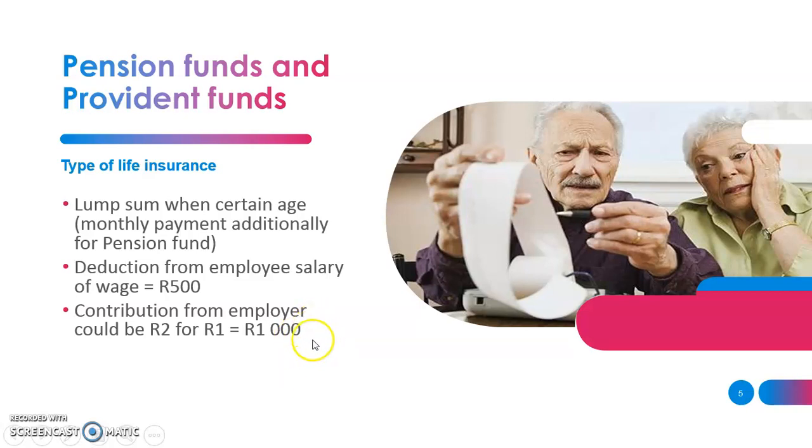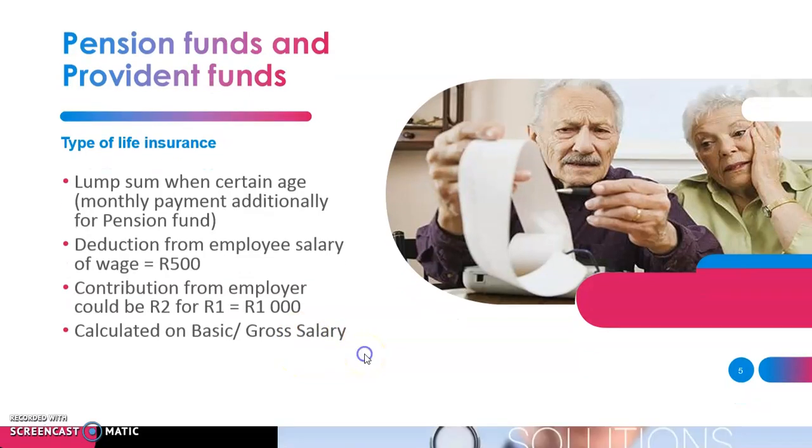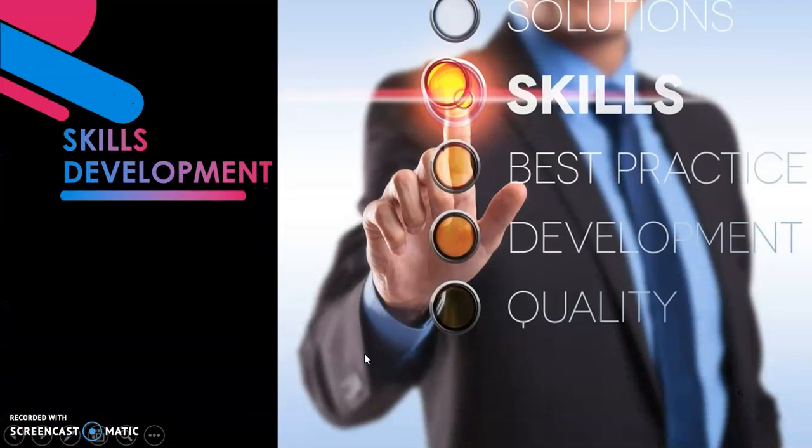You're getting your salary, but you're also getting another 1,000 Rand for your pension fund. So in total, we're going to pay 1,500 towards your pension fund at the end of the month. It's normally calculated on your basic or gross salary, as we did in those salary scales.